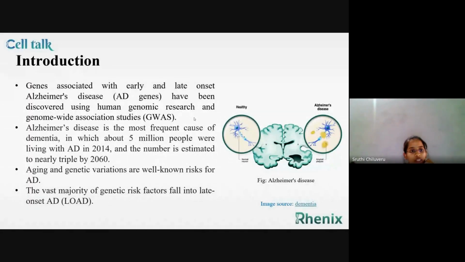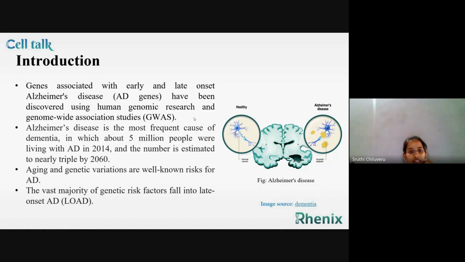When it comes to the introduction, the genes associated with the early and late onset of Alzheimer's disease, that is AD genes, have been discovered using human genome research and genome-wide association studies, also known as GWAS.